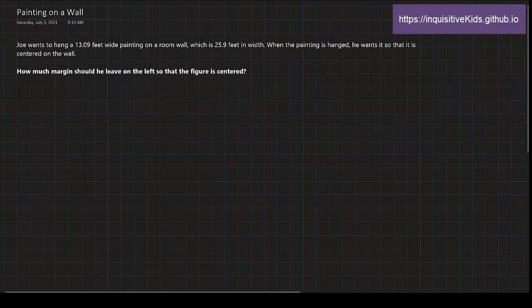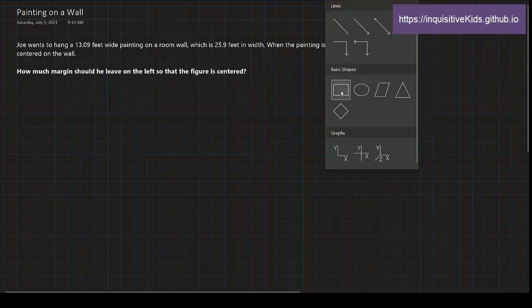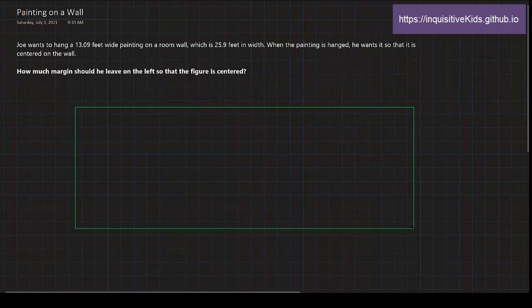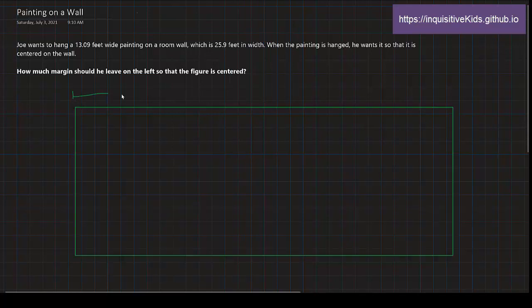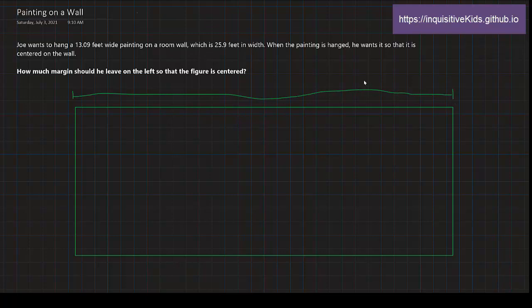Let's visualize this. First, I will make a rectangle, and that would be the room wall. And we know that all the way to the other end in width, it is 25.9 feet in width.